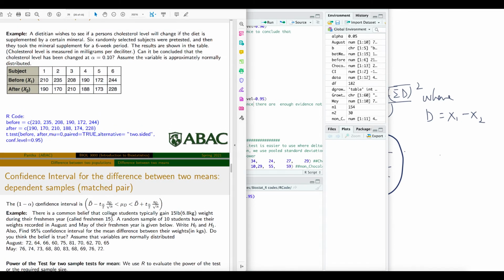So this is how we do the paired sample. But be careful when you are asked to do the two sample test for the mean. If the population variances are given, then we do the z-test. But if the population variances are not given, we use the t-test. But do we use the paired two-sample test or the unpaired two-sample test? Do you use the dependent sample or independent sample? You should be careful when you pick that. Usually after you read the question, you can tell whether it is dependent or independent, right?